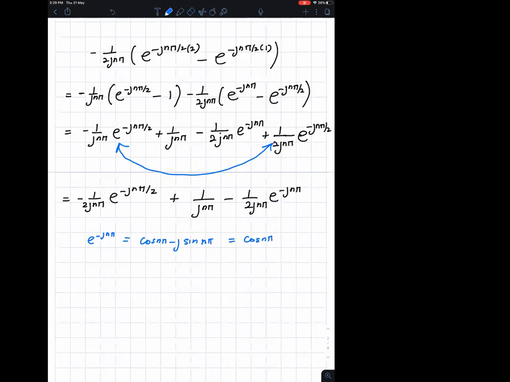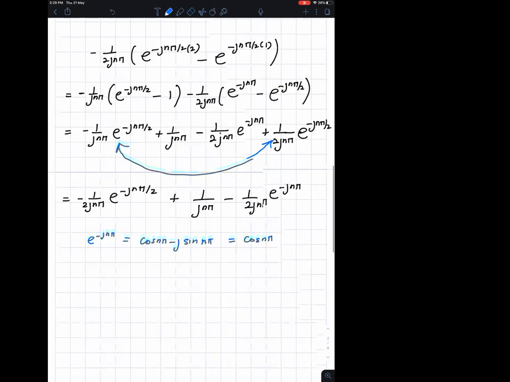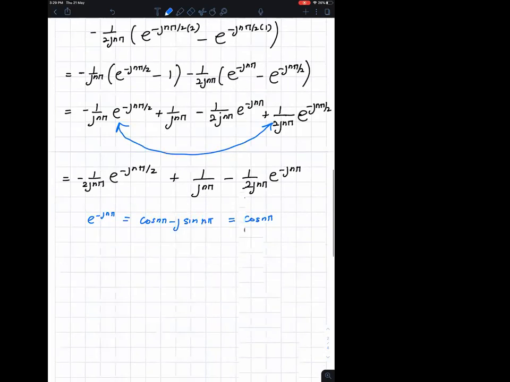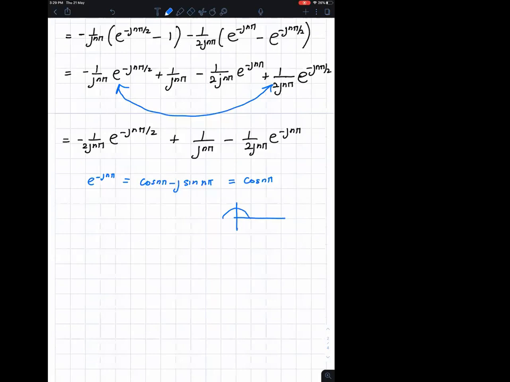And cosine of a multiple of pi is always negative 1. No, it's alternating, not always negative 1, because this is cosine. So cosine pi is negative 1, and after that 2 pi is positive 1.